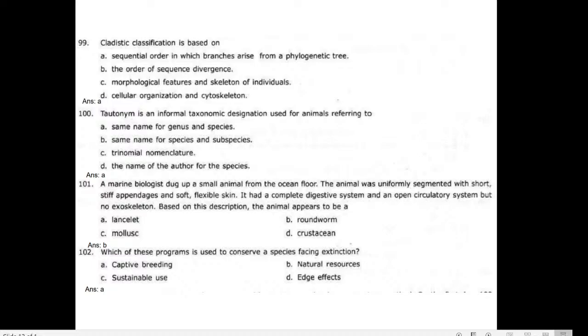Tautonymy is an informal taxonomic designation used for animal referencing.